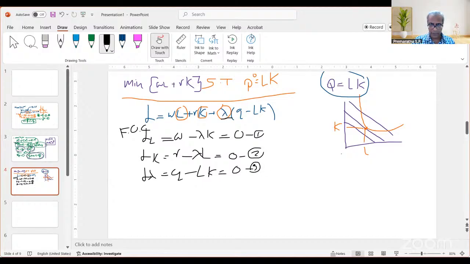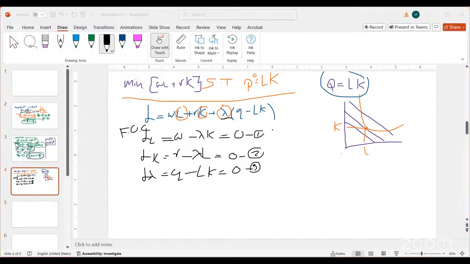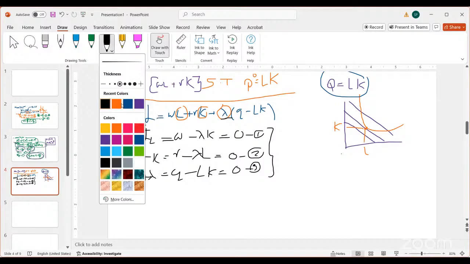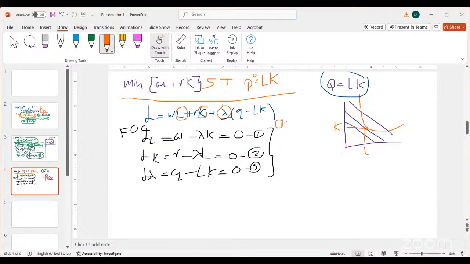So this is what you have now. Starting from the first equation, you divide it by the second equation, then you get the tangency point, which means the input price ratio equals the MRTS. At the optimal point, the price ratio, which is the slope of the isocost curve, equals the slope of the isoquant curve, that is the MRTS.